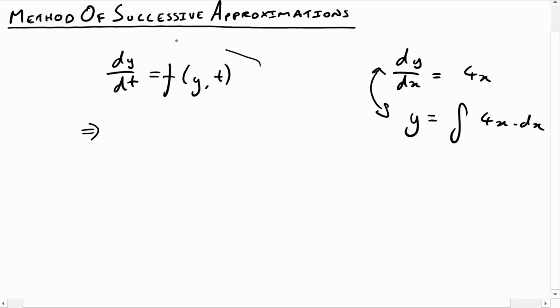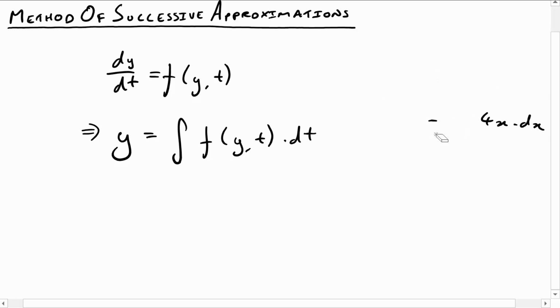If we use a similar idea here, then we can work out what y is equal to. Because if the derivative of y is equal to some function involving y and t on the right-hand side, then y is just going to be the integral of whatever's on the right-hand side, with respect to t. Hopefully you can see where that's coming from.